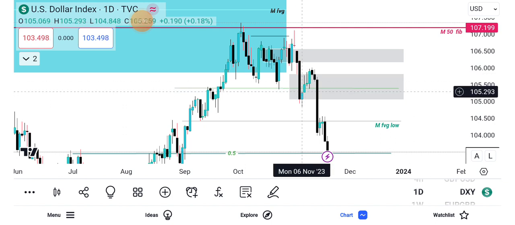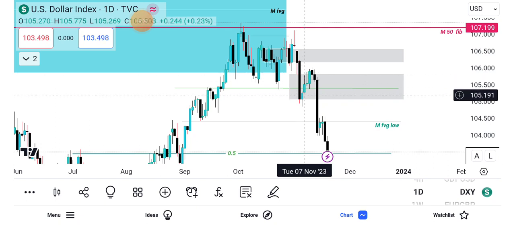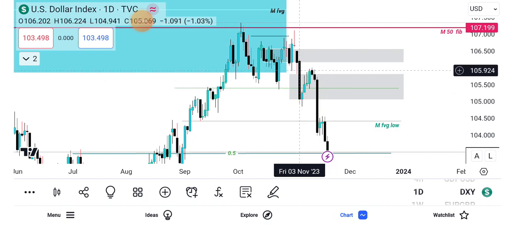Then a fair value gap was created around this zone from this candle's low and this candle's high. We can see price retraced and fully filled this fair value gap.